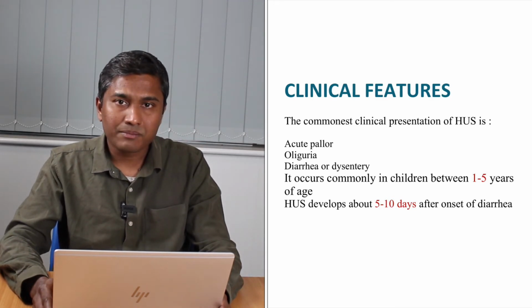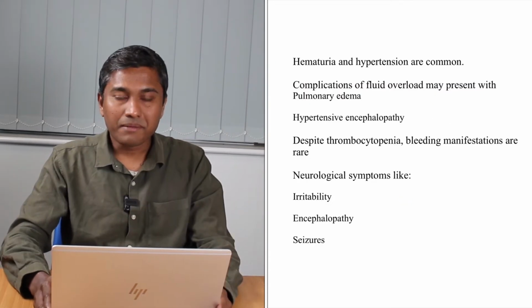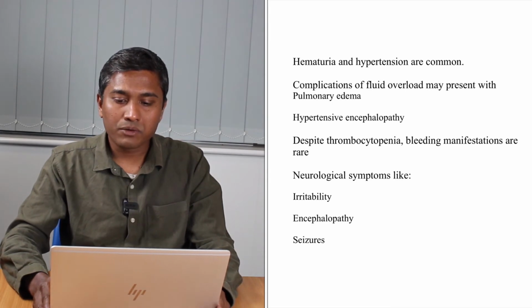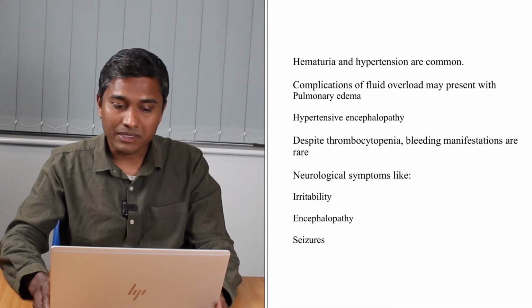Generally, HUS develops 5 to 10 days after the onset of these symptoms. Hematuria and hypertension are very common. Complications of fluid overload may present as pulmonary edema or hypertensive encephalopathy. Despite thrombocytopenia, the bleeding complications are not very common.